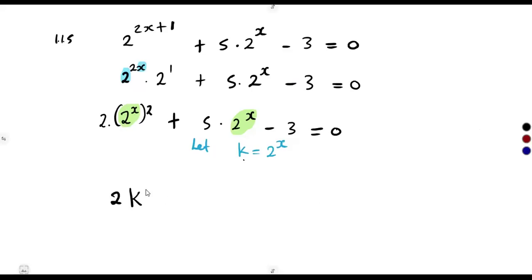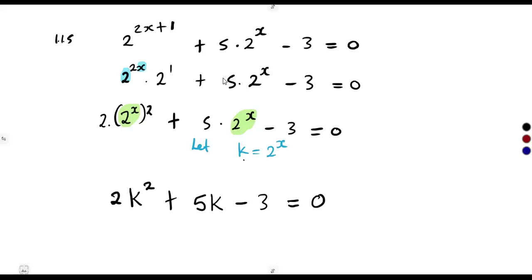So that's 2k squared. Plus, close this part here, put a k. So this will be 5k. Do we have a k here? We do not have, so just rewrite as it is. So that's equal to 0. Just like that.